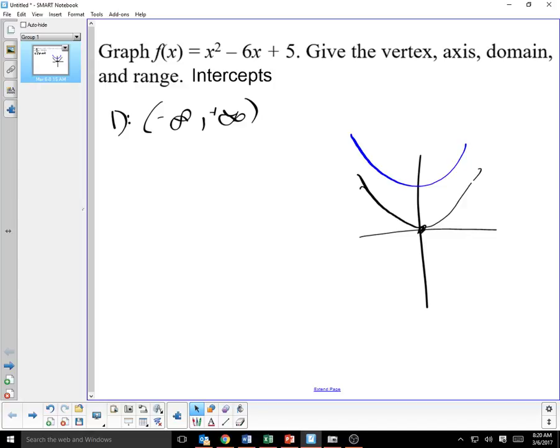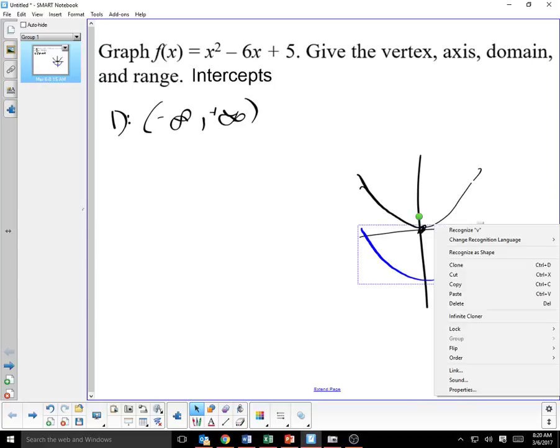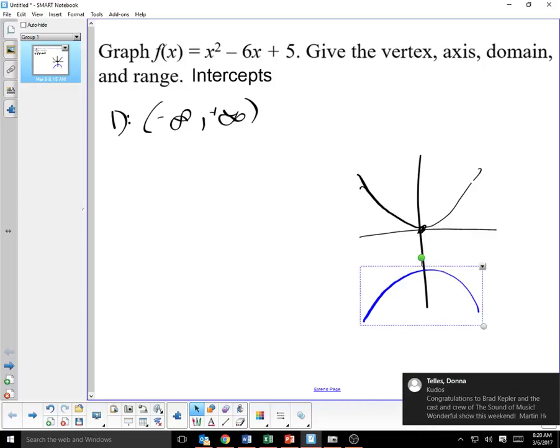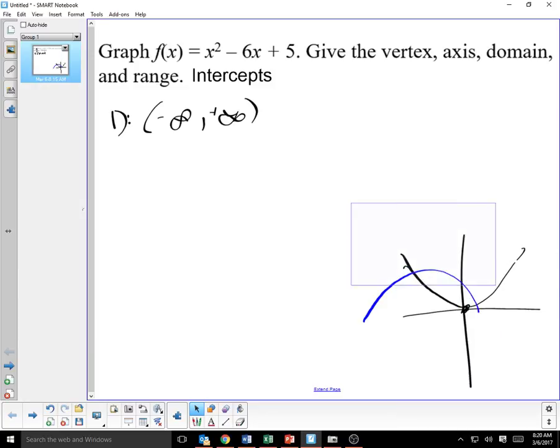So we need to figure out what that point is, right? Or if it got shifted down, we still need to know what that point is, because then it's from that point up. Unless it's inverted, then it would be from that point down, right? So it's very important for us to know where that point is. And what is the name of that point that we're looking for? The vertex.